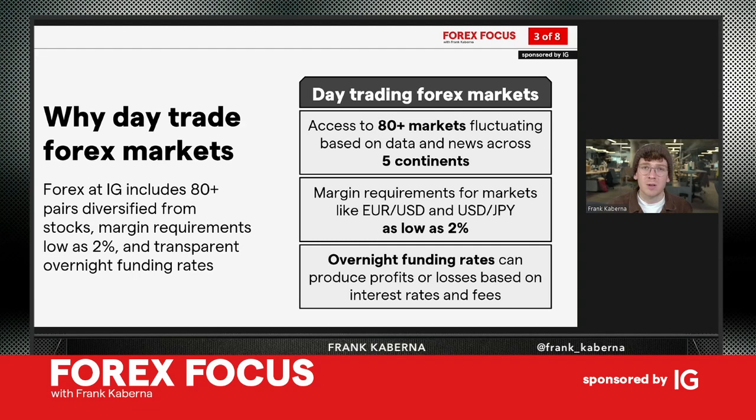But if the stock market's doing really bad or really good, they tend to move in the same direction. Forex offers really diversified opportunities from each other and from the stock market at large.